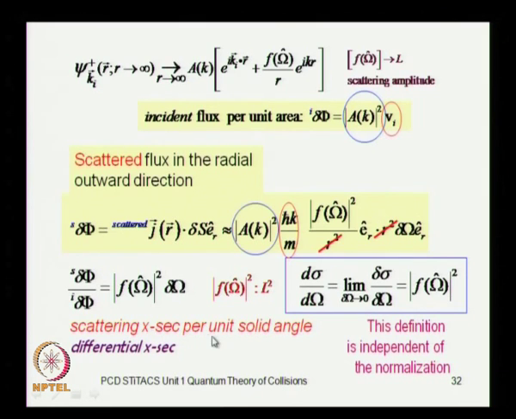So, this is the scattering cross section per unit solid angle. You have divided it by the solid angle delta omega, which is why it is called the differential cross section.